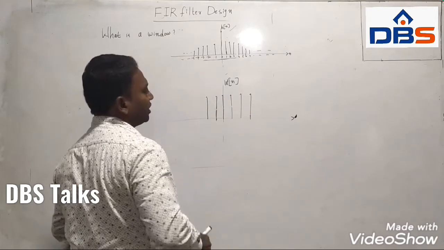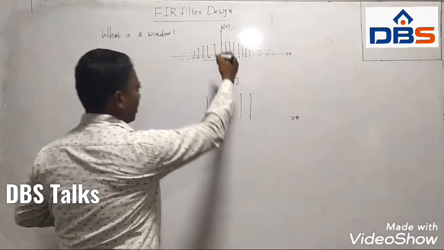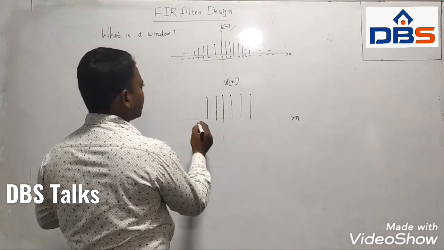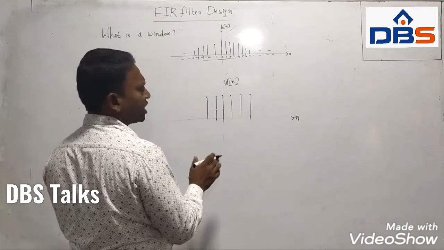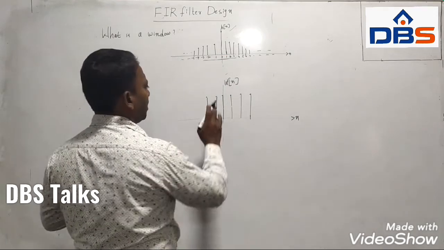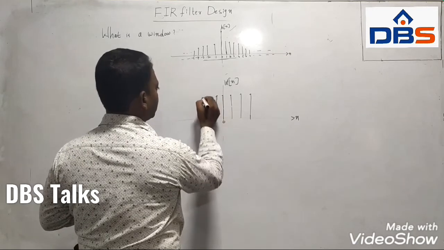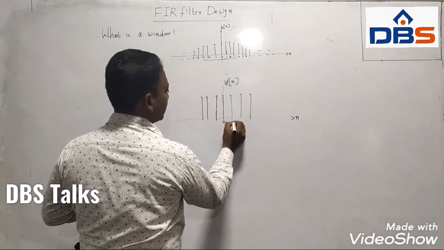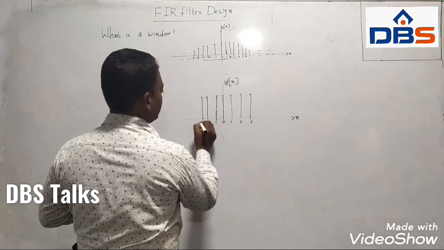Now when you multiply these two, the oscillations which were present previously, we have seen those oscillations are smoothly reduced. Oscillations are converted, see this, like this: minus 1, plus 1, 2, 3, minus 1, minus 2, minus 3.